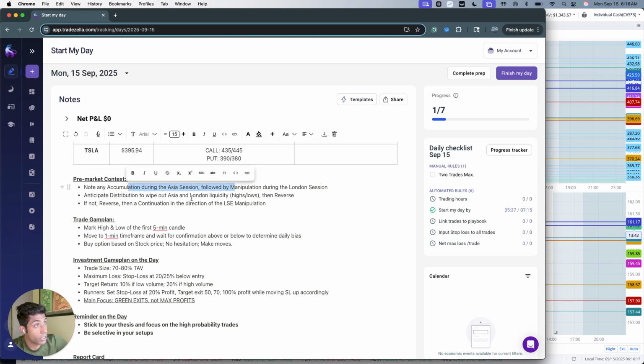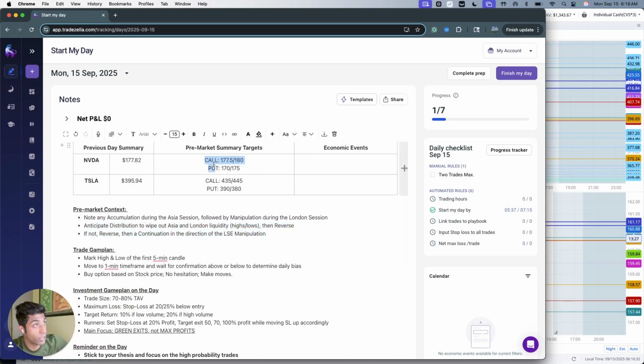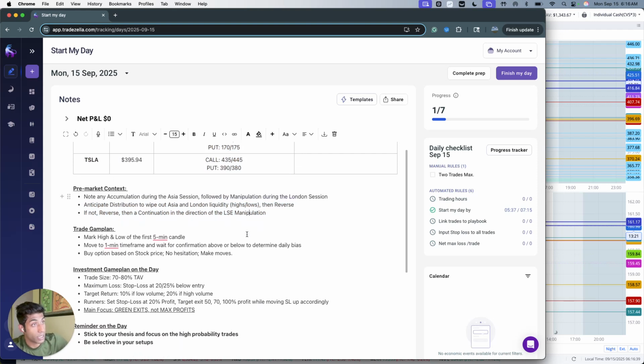So I'm noting accumulation, marking those highs and lows, followed by the London session manipulation, and then looking at both of that action to determine where I think price might go for the day, which outlines what I've got here based on a couple different scenarios, whether I think it might go up or down, or what price action tells us.